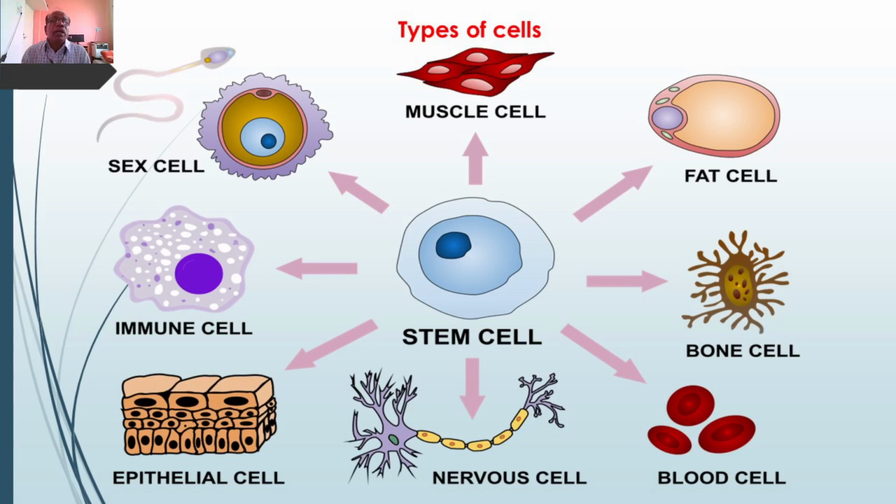So these three basic germ layers are formed in the development of the embryo. That is, embryonic development follows blastulation, gastrulation, during which there is the formation of three basic germ layers, that is ectoderm, mesoderm and the endoderm.